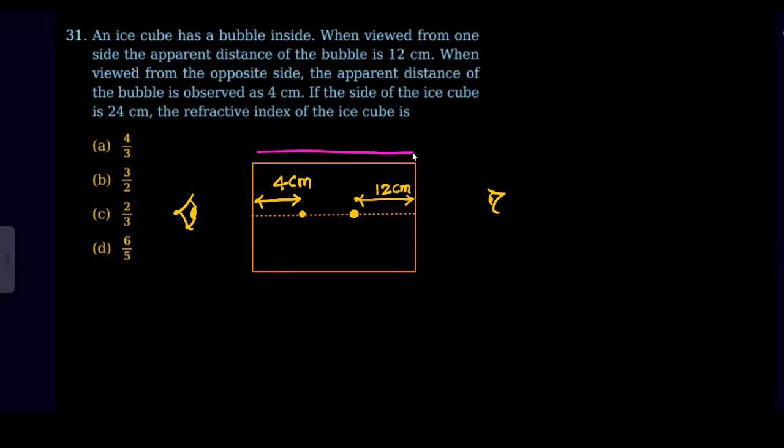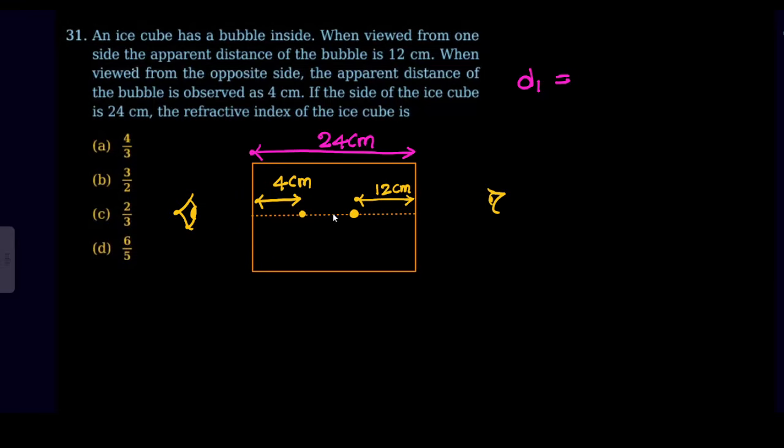And the total, this distance, which is given as, what, tell me now? Total thickness of this ice cube is given, each side as 24 centimeters. Now let's find out this apparent depth. When you are viewing from this right side, this is apparent depth. If I call this D1, it should be equal to what?